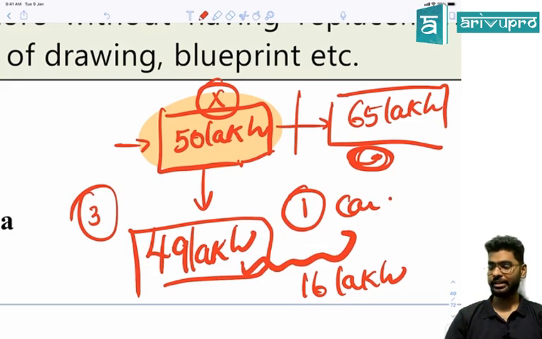When we are trying to take decisions, what should I consider? The realizable value and not the historical cost. Are you clear?